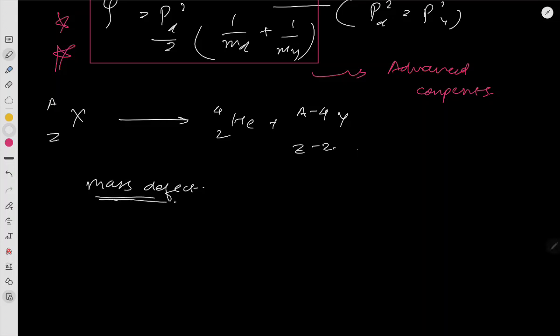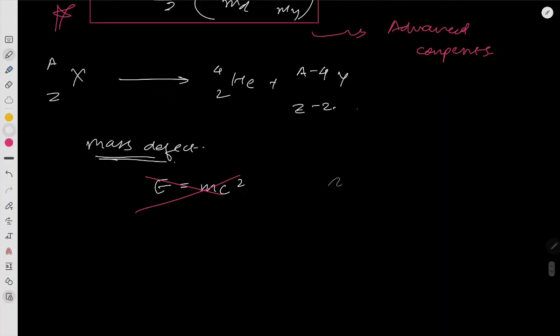And here comes in Einstein's brilliant theory of relating energy with mass, that is E equals mc square, which is a very wrong form of writing the equation. Einstein defined mass as energy by square of velocity of light in vacuum.